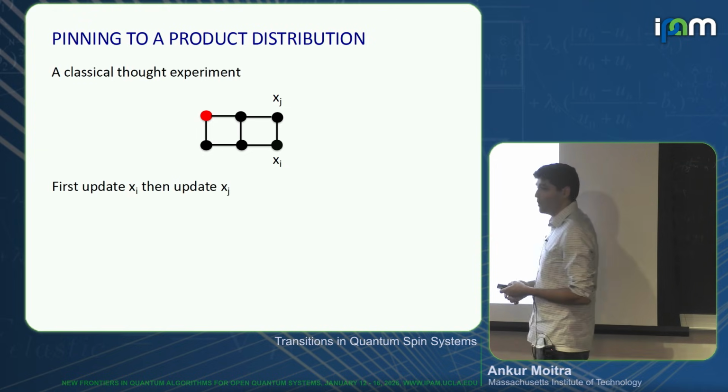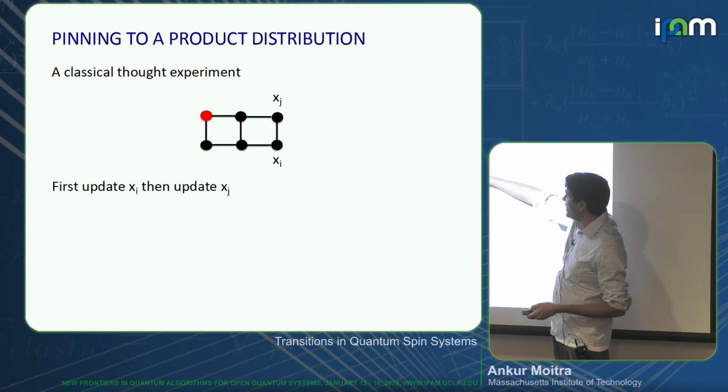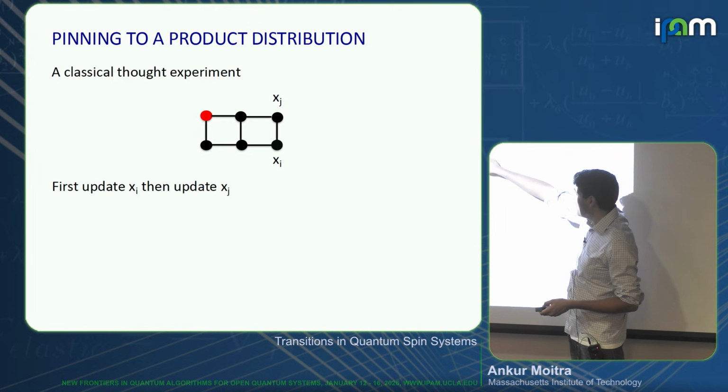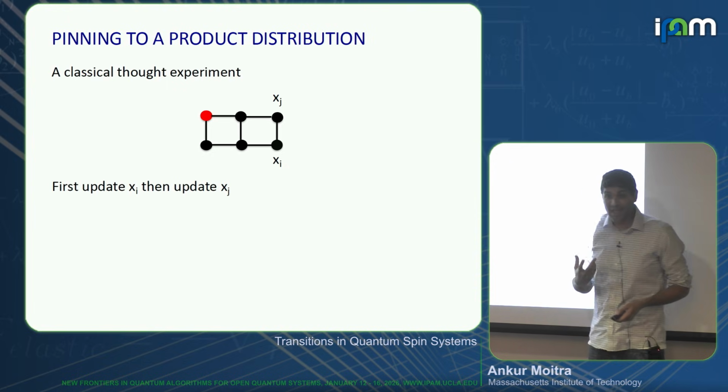So imagine I'm trying to sample from a very high temperature Ising model, right? And I could imagine that my Glauber dynamics re-randomizes this spin, xi, and then maybe the next site it updates is xj.